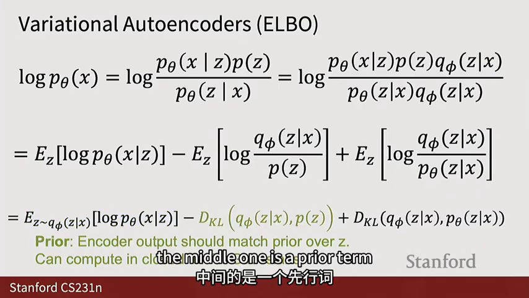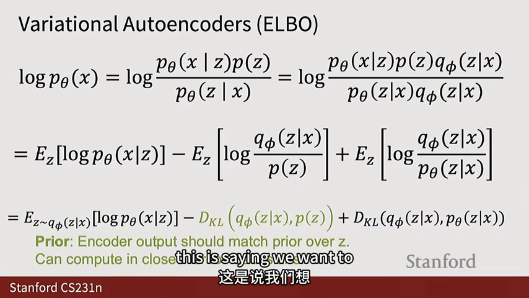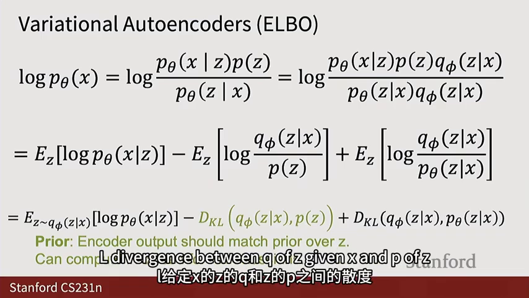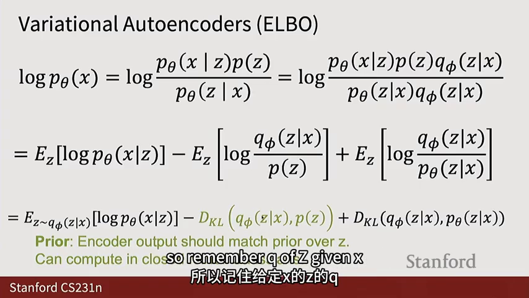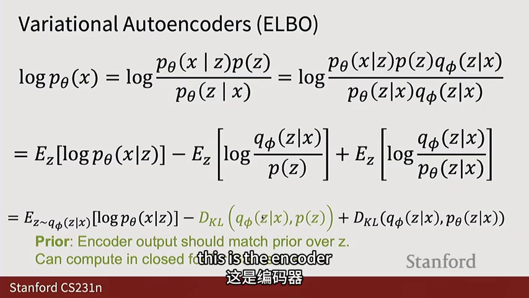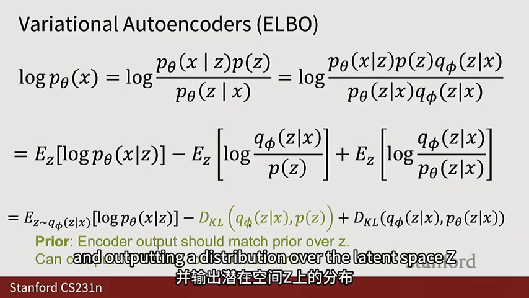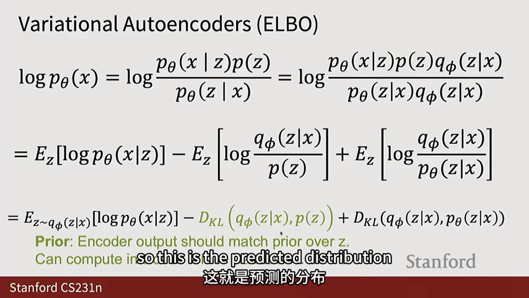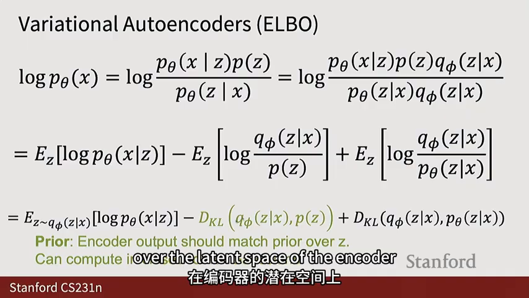The middle one is a prior term. This is measuring the KL divergence between Q of Z given X and P of Z. So remember, Q of Z given X, this is the encoder inputting the data X and outputting a distribution over the latent space Z. So this is the predicted distribution over the latent space of the encoder.